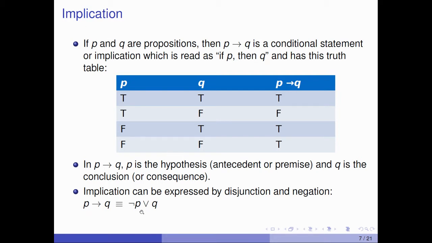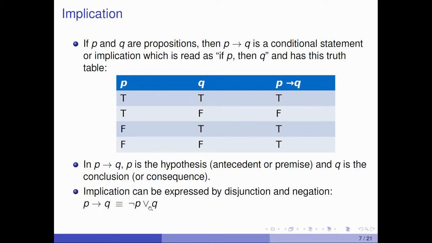Now, this is also very important: implication can be expressed by disjunction and negation, and I believe that this will be very useful to you in the last section of our discussion today. You have there transforming statements or propositions into the normal forms. You will surely need this one because this transforms an if-then statement, or implies, into a disjunction.